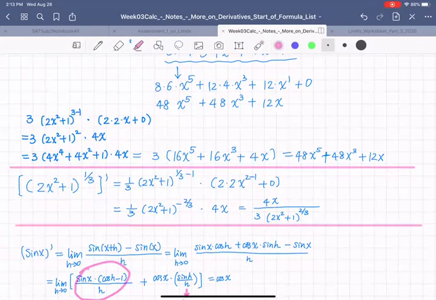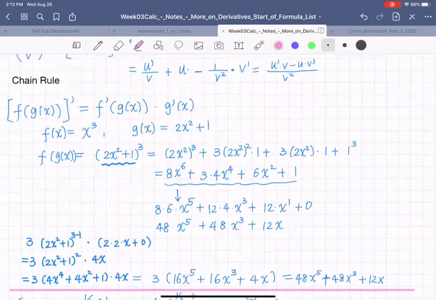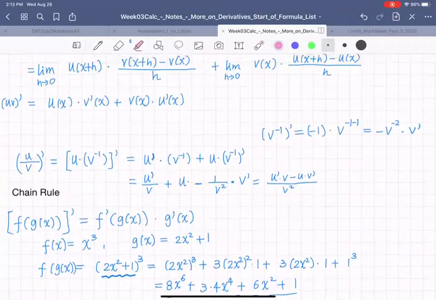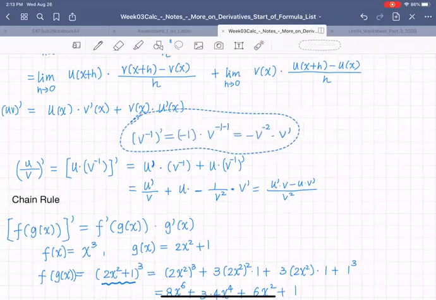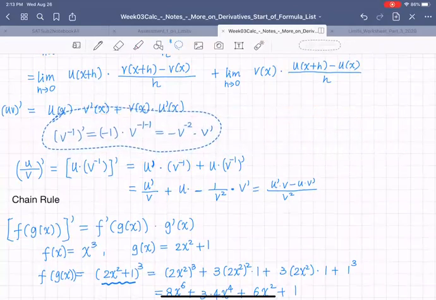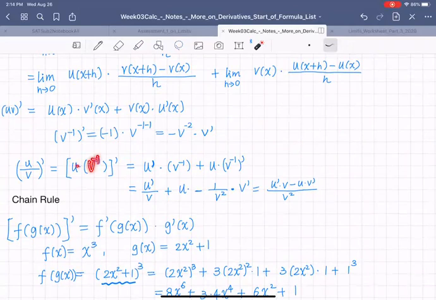After we learn this chain rule, we go back to finish our quotient rule. Quotient rule over here, we change this guy as u times v to the power negative 1 and then take the derivative. So we use the product rule.